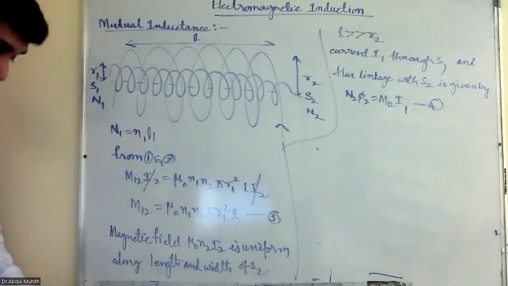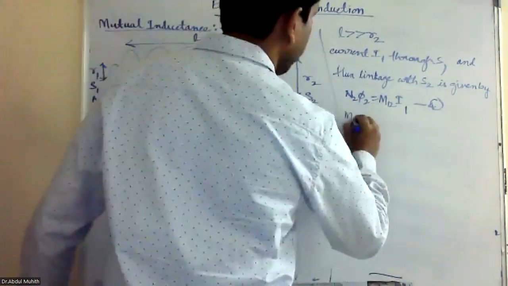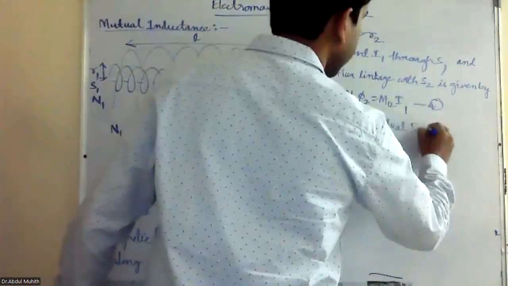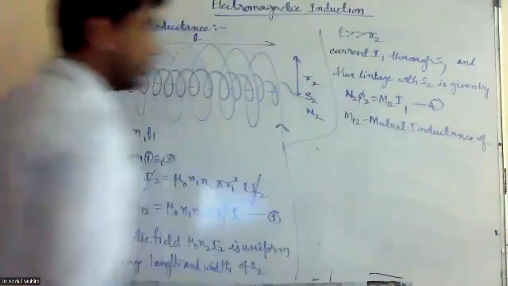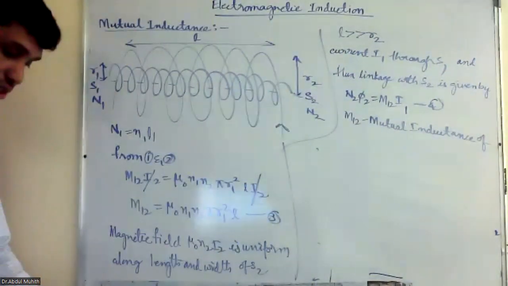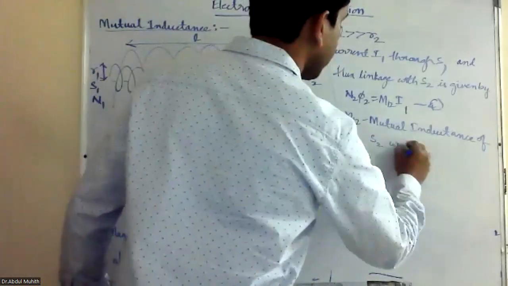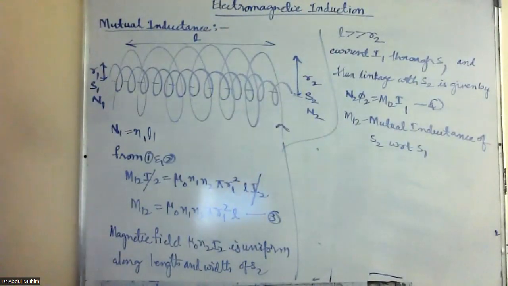So M21 is the mutual inductance of S2 with respect to S1. So N2 phi2 is equal to what?